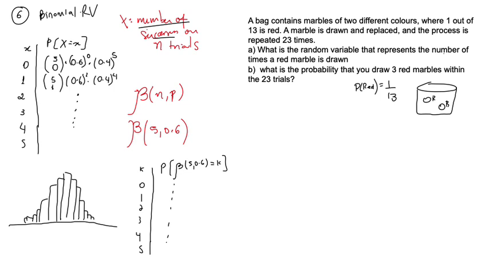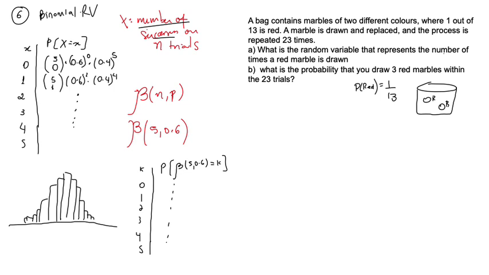For the second trial, you need to have the same options, heads and tails, right? And so on. So the fact that the marble is replaced is good, because if it didn't replace the red, in the second trial you wouldn't have that option. You would have different options.